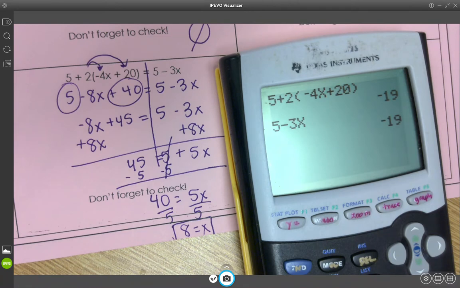You do 5 minus 3x. 5 minus 3x. And you say what equals. You like the other one? The 1 and the 0?